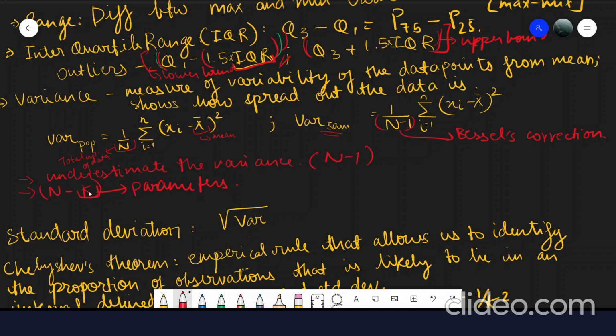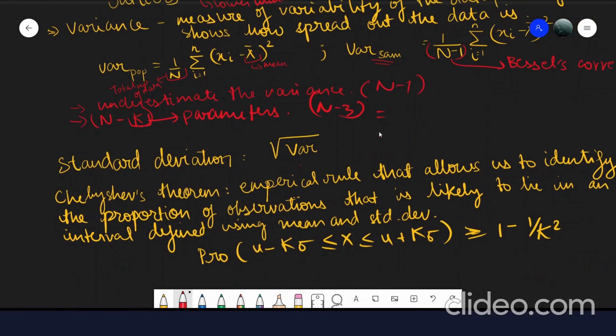In this case k is 1 because we're just trying to estimate one parameter, which is the variance. If you're trying to estimate 3 parameters from a single sample, then k would be equal to 3, so you would have n minus 3 instead of n minus 1. So these are two arguments as to why you need Bessel's correction for finding the variance from a sample of a data set.